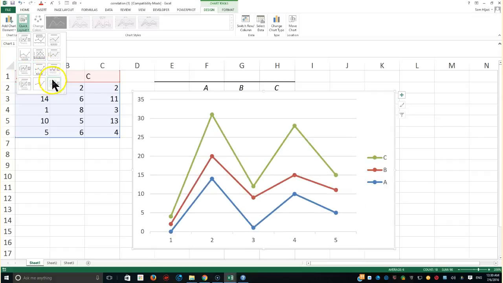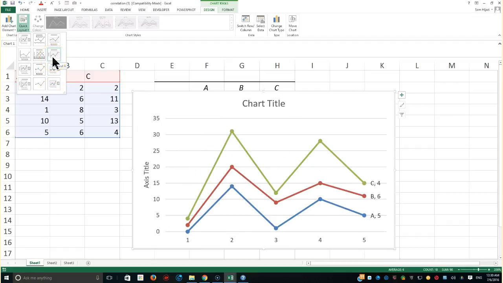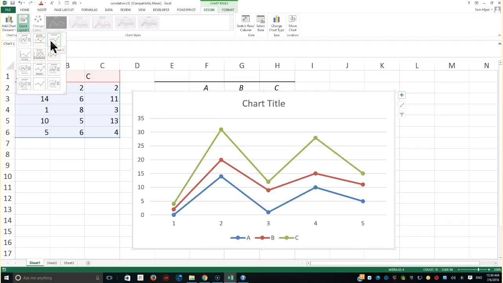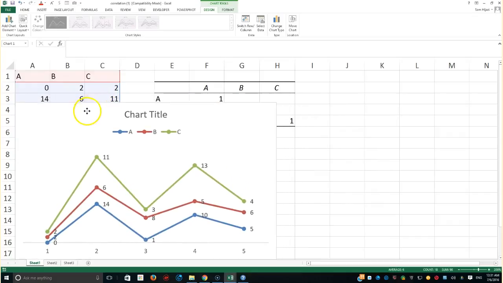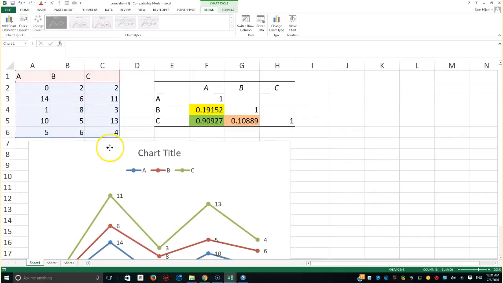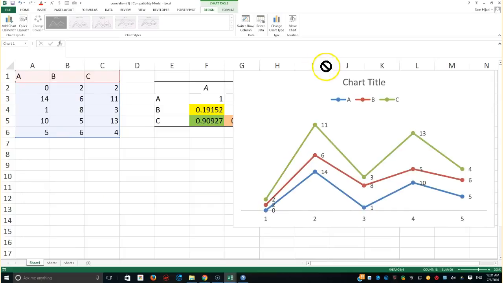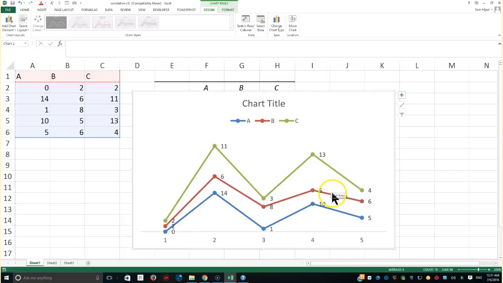You don't want to clutter your chart. However, we're not concerned too much with cluttering as much as we're concerned with understanding how the correlation makes sense for us. Notice here when we talk about A, B, and C, the correlation between A and C is very good.